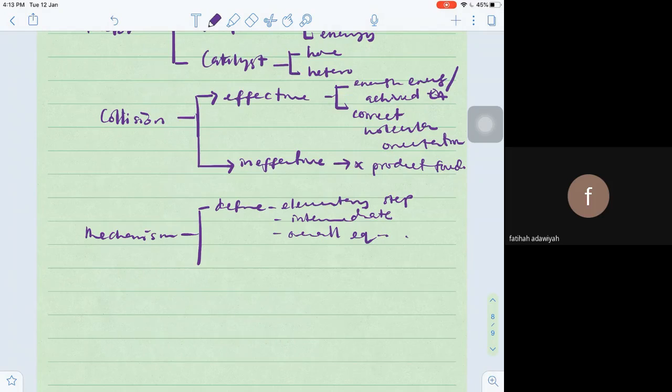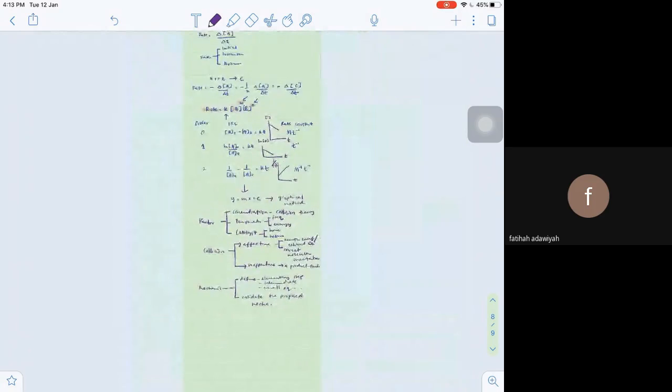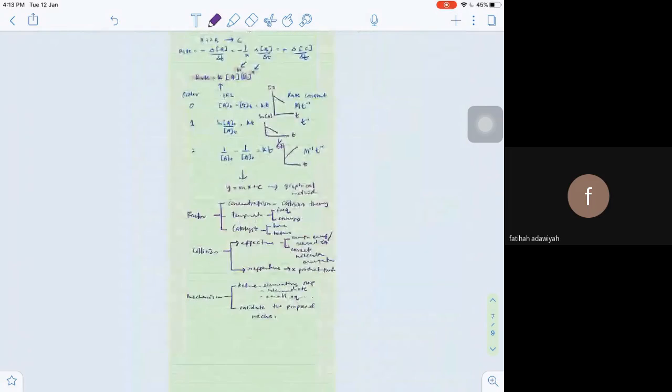And then after that, you need to be able to validate the proposed mechanism. You have to check whether the proposed mechanism is valid or not. That's all that we learn in this chapter for kinetics.